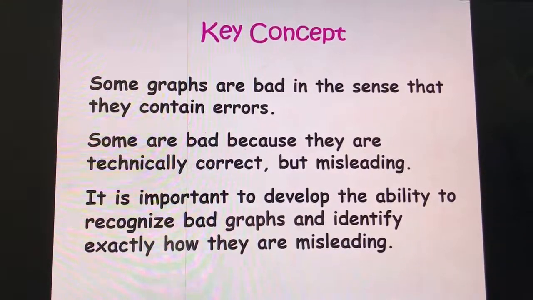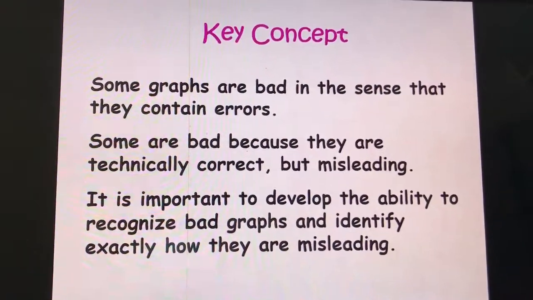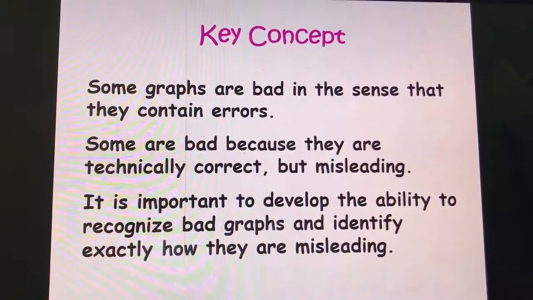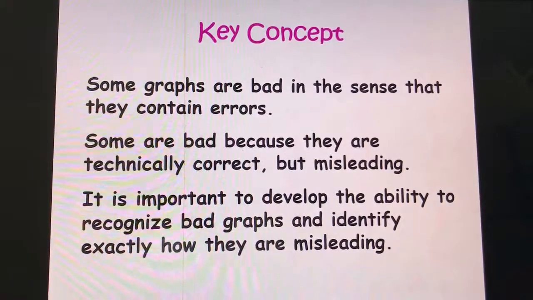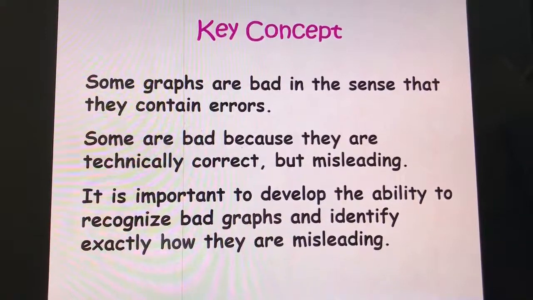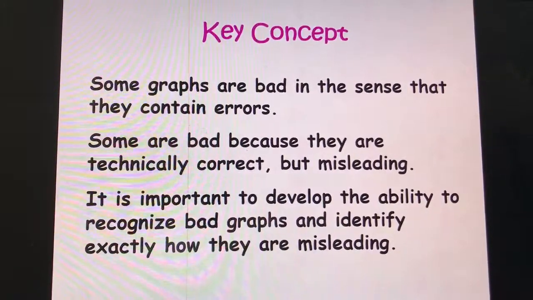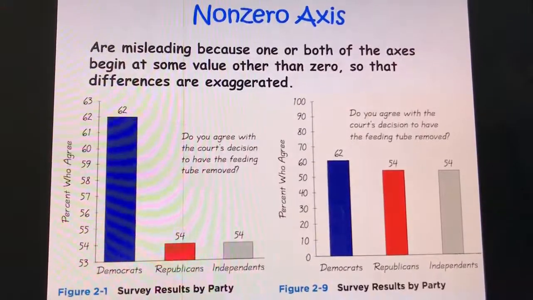Some graphs are bad because they contain errors. Some graphs are bad because they are technically correct, but they're misleading. So you need to be able to recognize bad graphs. The news reports like to use technically correct information but make it a little misleading sometimes.